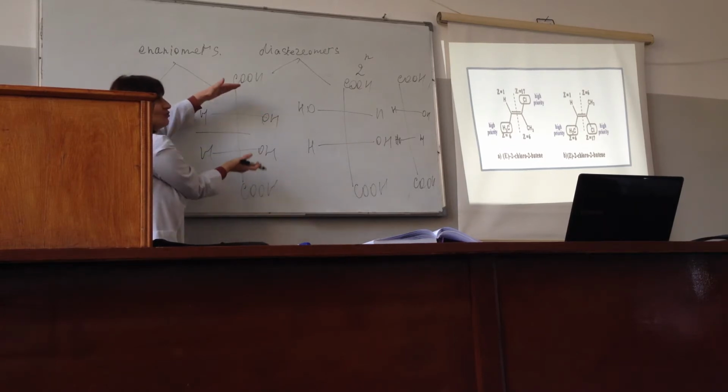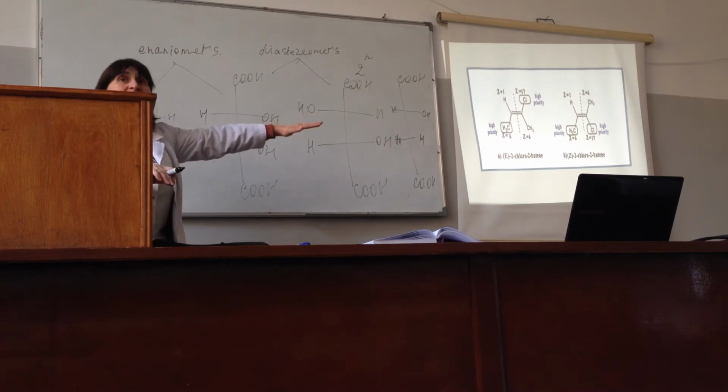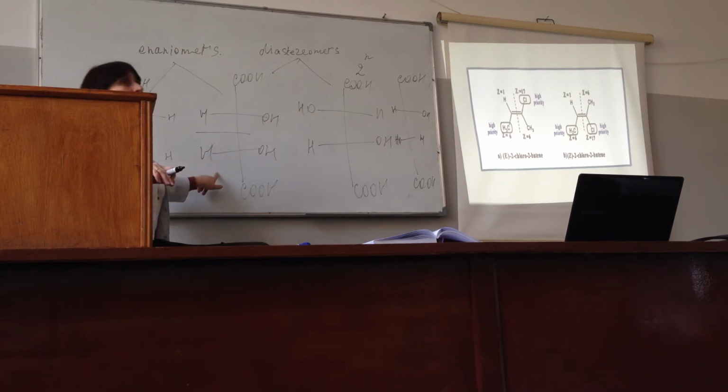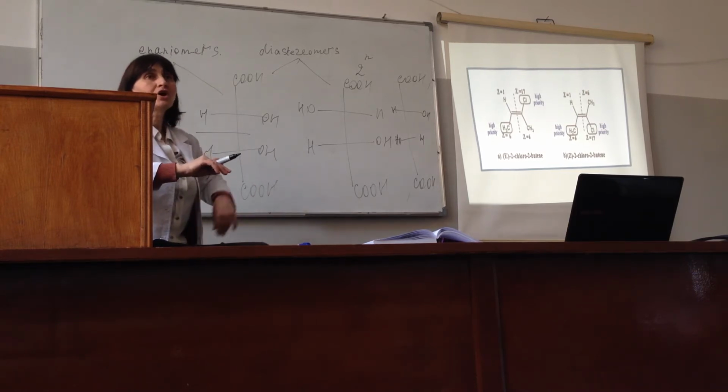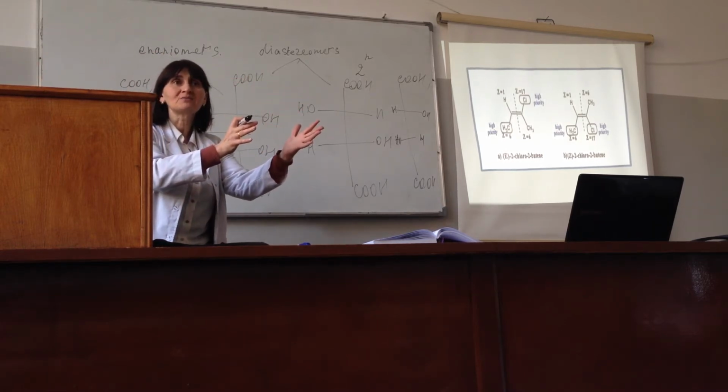If you can pass a plane of symmetry through the molecule, this molecule is optically inactive. Now why? The name of this one is meso compound. A meso compound is optically inactive because one part of the molecule is a mirror image of the other part.